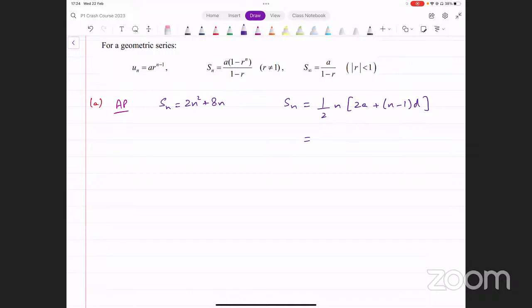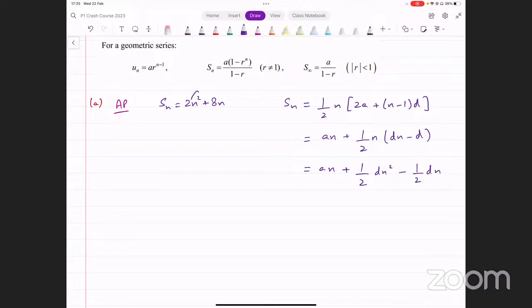Let's simplify this. Half n into 2a, that is going to give us a times n. Then half n into that thing, that's half n into dn minus d. All right, so I've just simplified this thing. That's dn minus d. Let's simplify this further. It becomes an plus half dn square and then minus half dn.